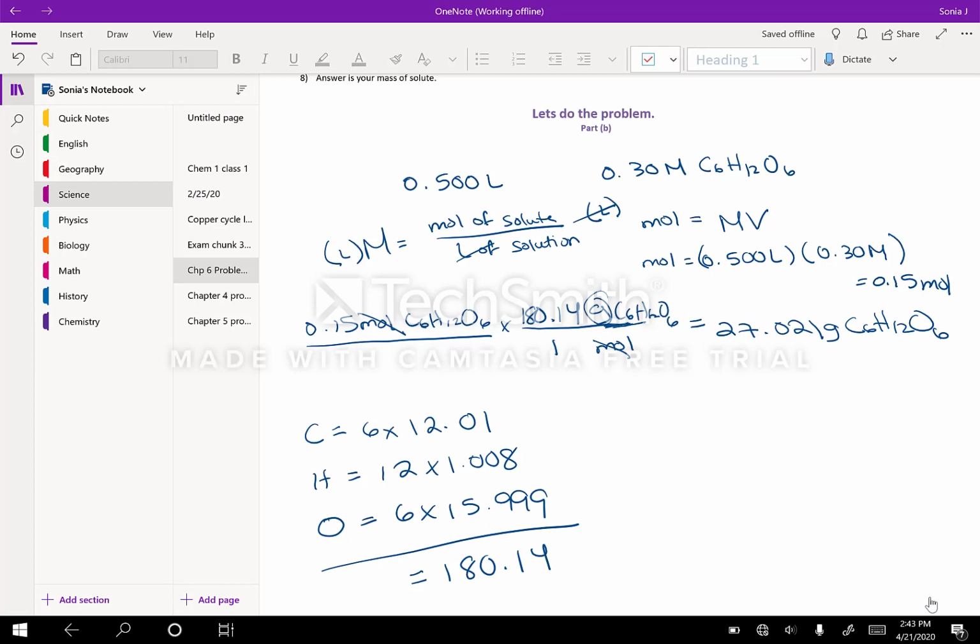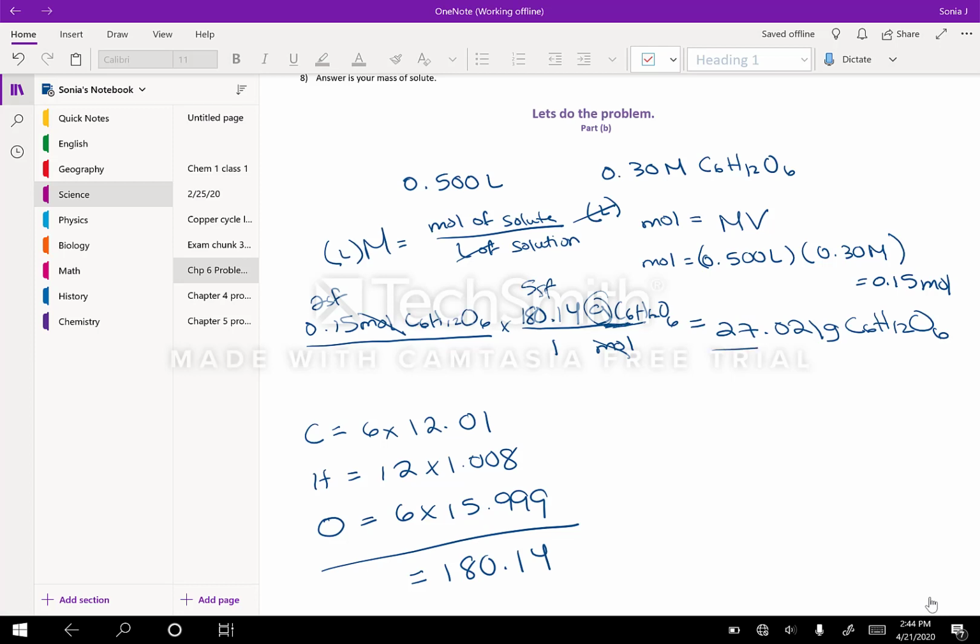C6H12O6. Now let's make sure our significant figures are good. So we multiplied 0.15, which has 2 significant figures, by 180.14, which has 5 significant figures. But the lower one is 2, so we want to have 2 sig figs.